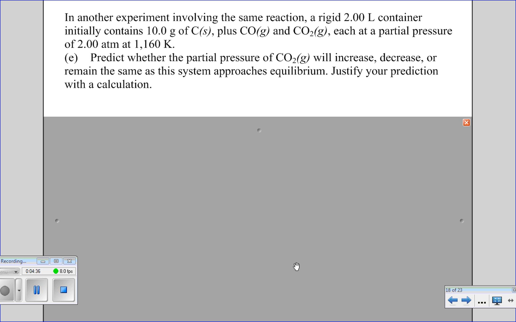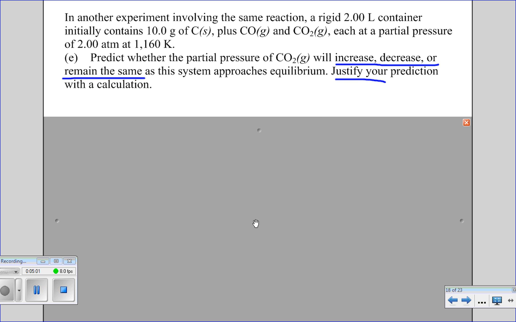And then in another experiment, but it's the exact same system, now it's a 2-liter container, and it has 10 grams of carbon plus both of the gases, but each of them has a partial pressure of 2 atmospheres. So whether the partial pressure of CO2 will increase, decrease, or remain the same, and then justify.